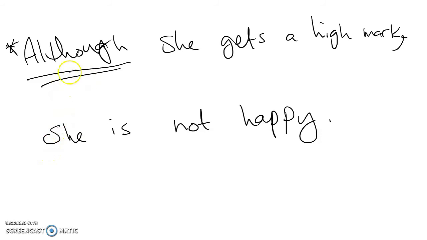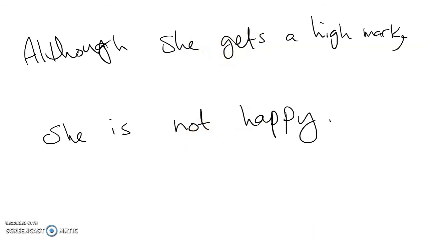So it will become this way: although she gets a high mark, she is not happy. This actually makes better sense for us because we join this clause to an independent clause.